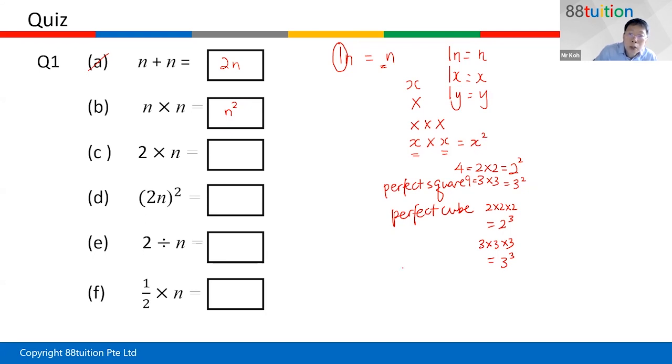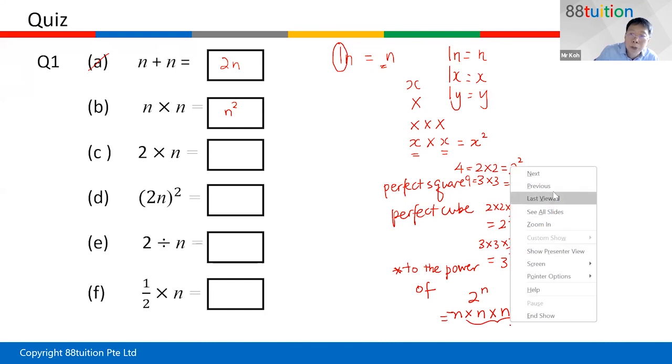Okay, this thing about to the power of, we have actually done this in an earlier lesson, but maybe some of you missed it. To the power of n means you have n times n times n, dot dot dot, n times. Sorry, I wrote it down wrongly.